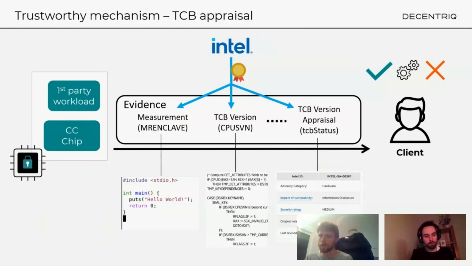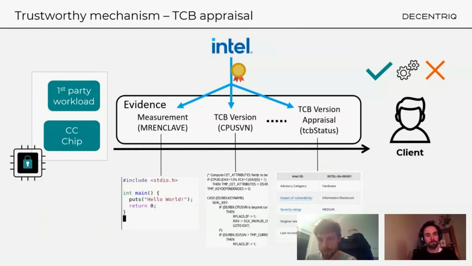There are two protocols, or rather sets of primitives, that Intel exposes. One is called EPID and the other one is called DCAP, as Gaëtan mentioned. If you look at the details of these, they look quite different, but if you take them apart, you will find each and every one of these properties that we're looking for.